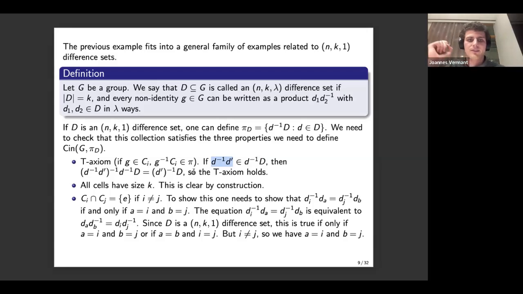All cells also have size K, and this is clear by construction because all the cells are just translates of our set D.